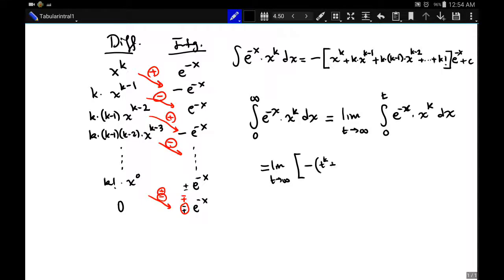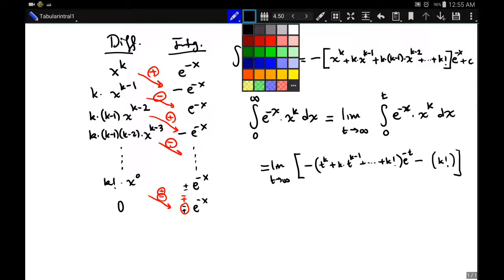And then plus k times t to the k minus 1, and all the way down to k factorial, times e to the negative t, and then minus, when you plug 0 in here, this term is 0, this term is 0, this term is 0, and the only thing that's left over is k factorial times e to the negative 0. So you get k factorial actually left. But when t goes to infinity, because of the negative t exponent in here, these will all go to 0.